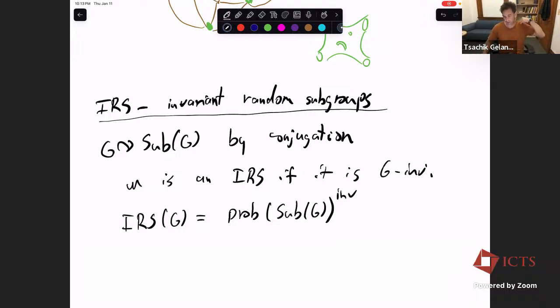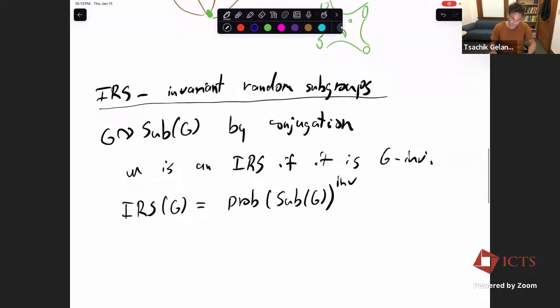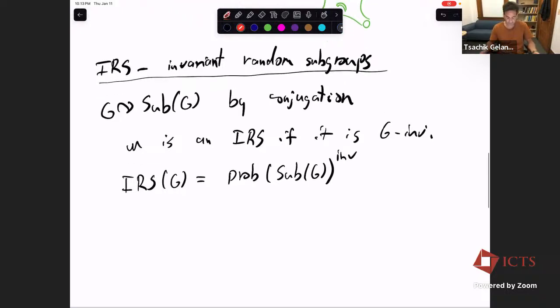Many people proved results. So let me give 2 examples of how you can use this space to study manifolds or discrete subgroups.